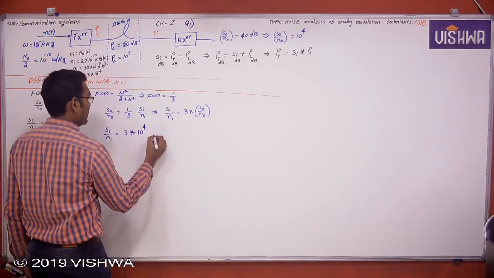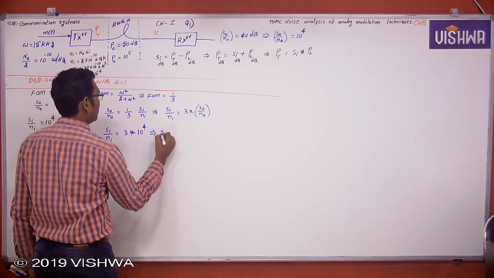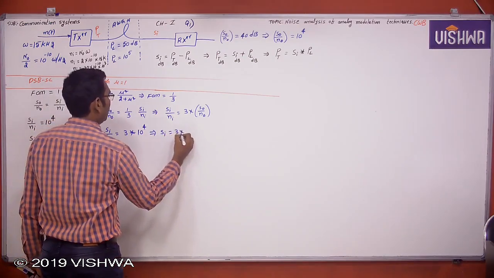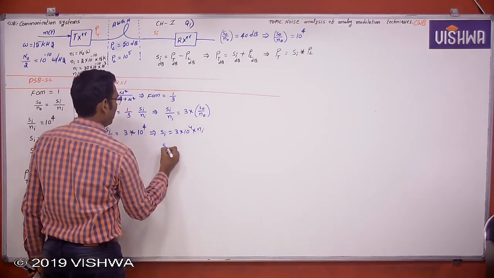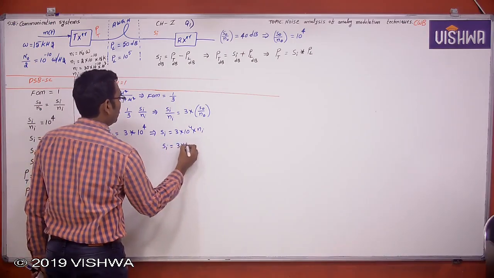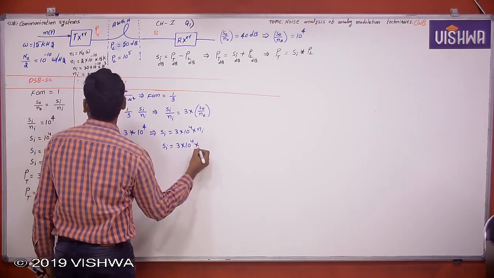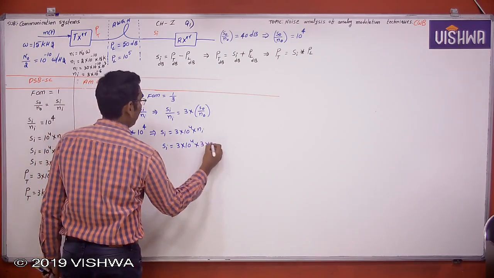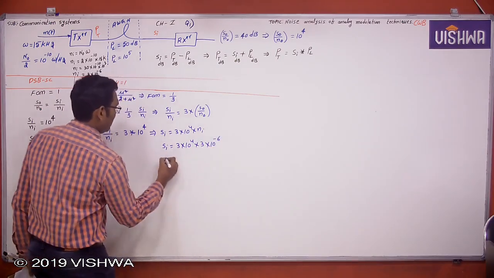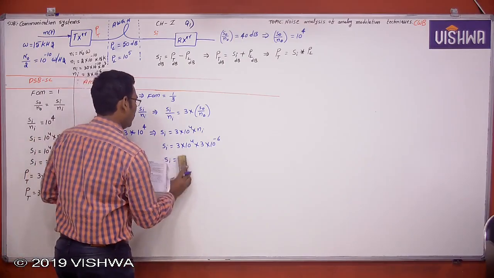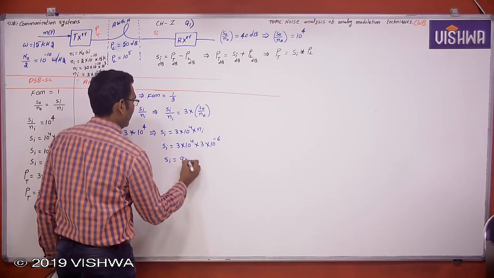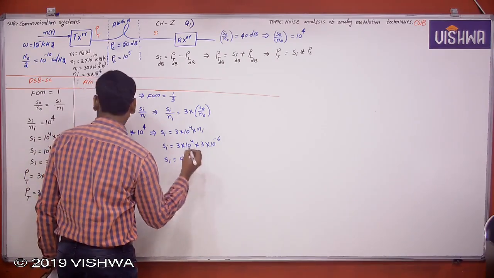Now, SI is equal to 3 into 10 power 4 into NI. NI is 3 into 10 power minus 6. Therefore, SI is equal to 3 into 3, 9, into 10 power minus 2.